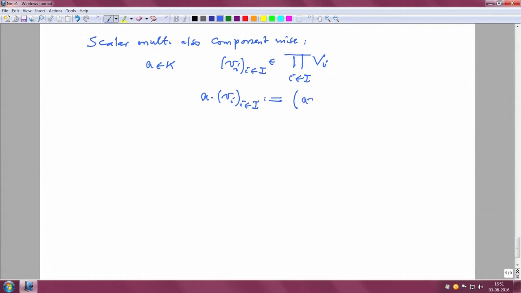So, (a times vi), and this is a scalar multiplication in Vi. So, with this the Cartesian product becomes again a vector space. This product of Vi is a K vector space.